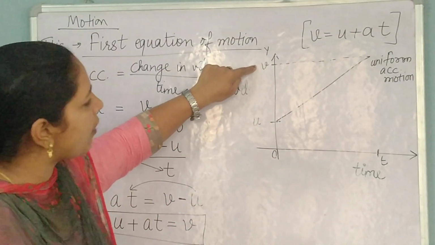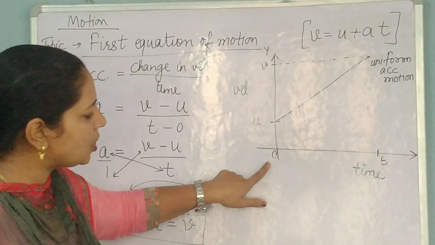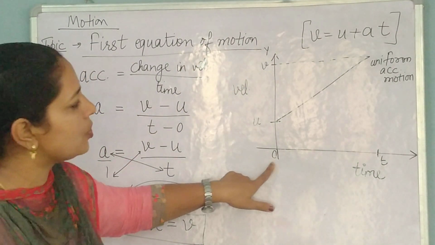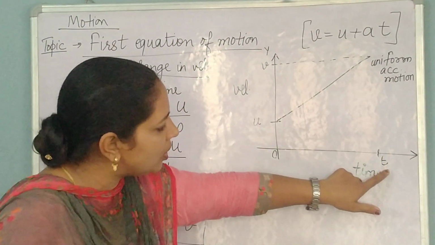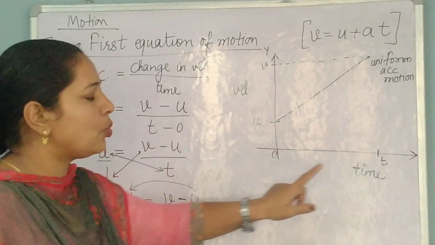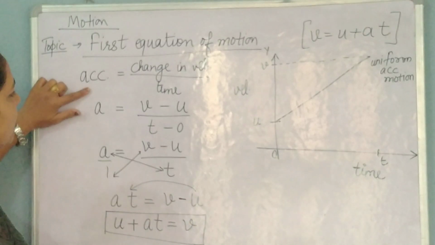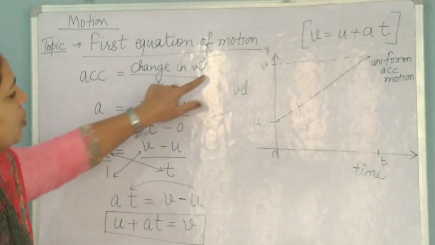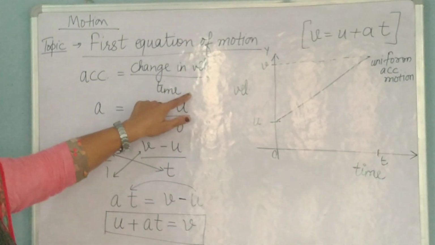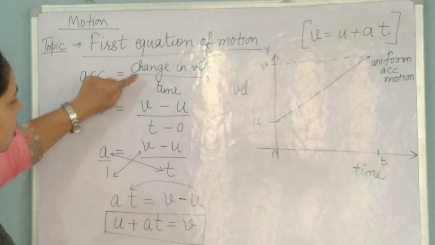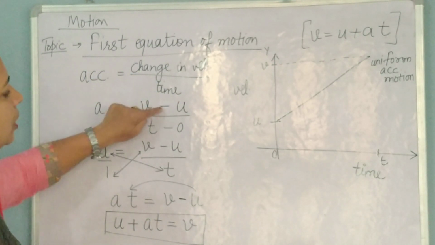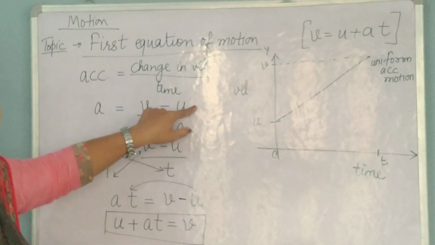This is our final velocity. Initial time t equals 0 seconds and the final time is t here. So we know the definition of acceleration, that acceleration is change in velocity per unit time. How will we find out change? Change means final velocity minus initial velocity.